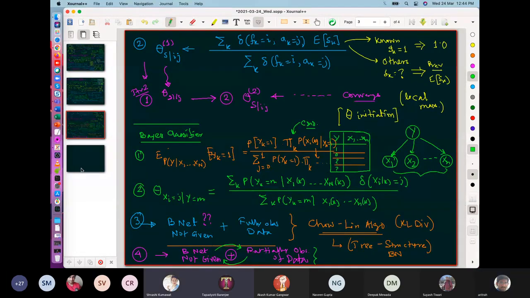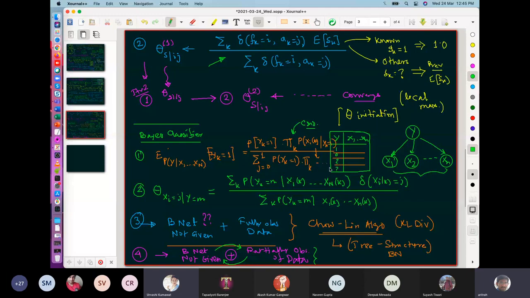In the first formula, we will take all the values for y, right? The expectation of y given x1, you will take all the x values for y equal to 1. And in the denominator, y equal to 1, that y will take 0 and so on, all the values, right?